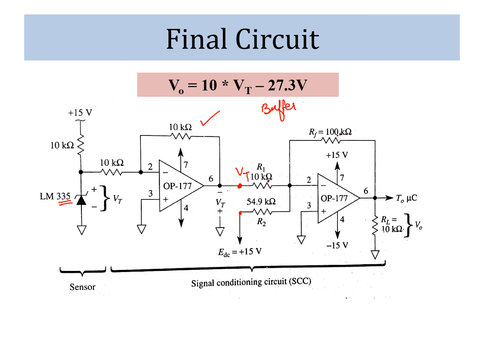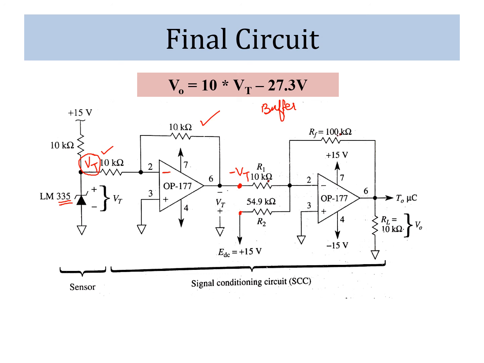Along with that, we have provided this input at the inverting terminal. Why a buffer amplifier? Because RF and R1 are of the same value. So whatever signal Vt we get here, the same is the output, because the ratio of RF to R1 is the same. But since this has been applied at the inverting terminal, we are getting minus Vt.